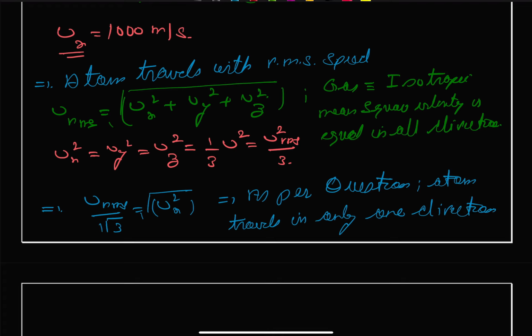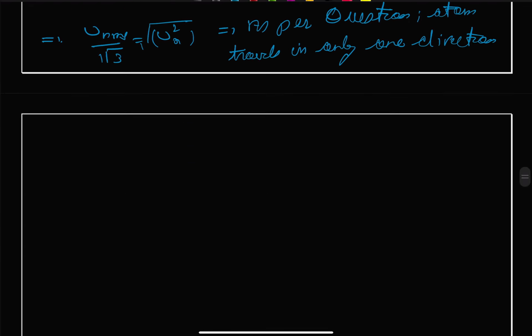Therefore we can write that v of x will be equal to v RMS, which gives us 1000 meter per second.